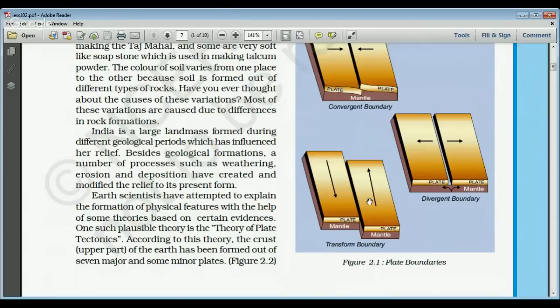These three processes are associated with the rocks. Weathering is when rock breaks away, then erosion is done by agents like wind, waves or air, and water. Deposition means the sediments of the rock start depositing at some place, like the northern plains of India.